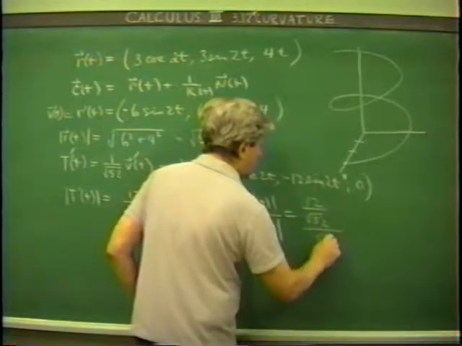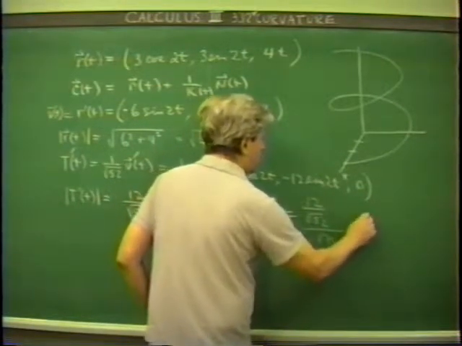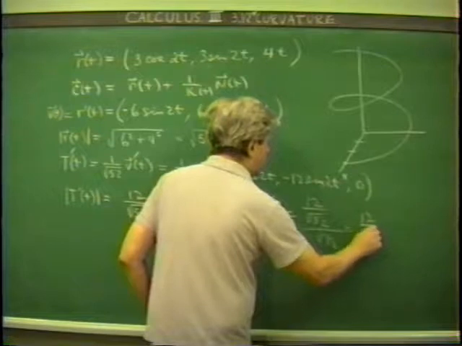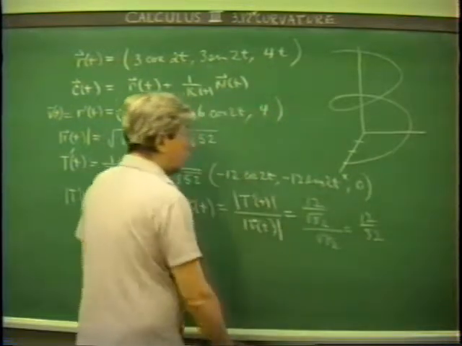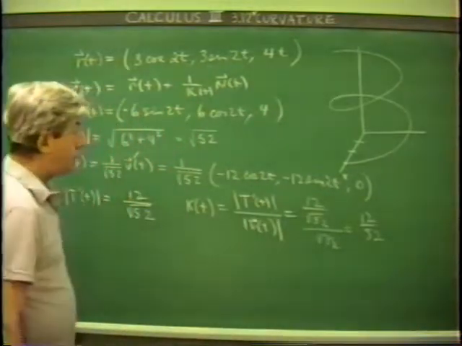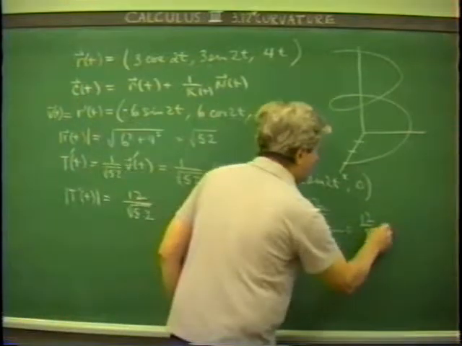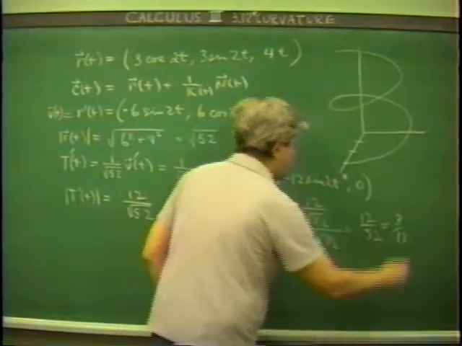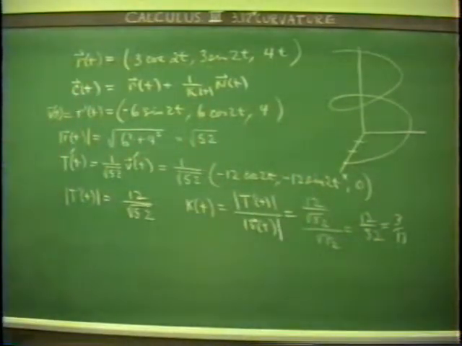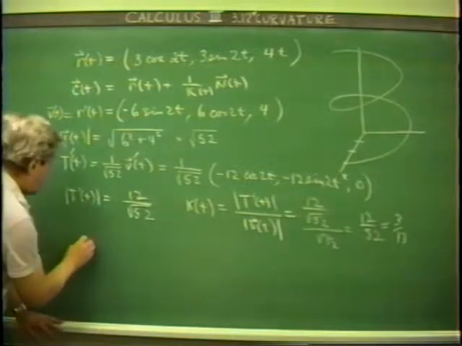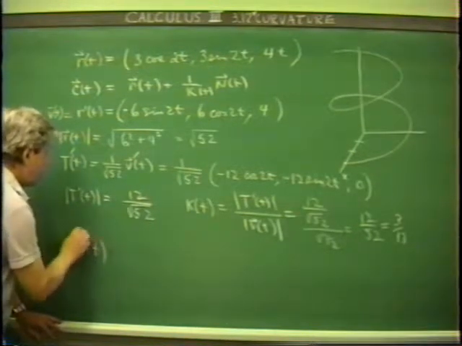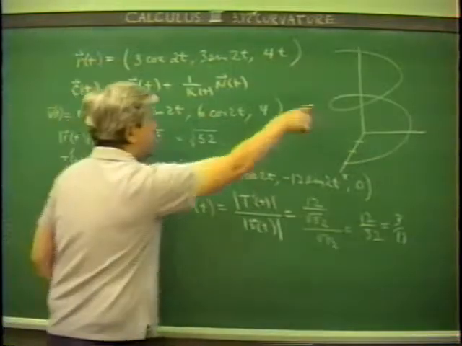And this constant is going to be 12 over square root 52 divided by square root 52, which is to say 12 over 52, or simplifying, 3/13.